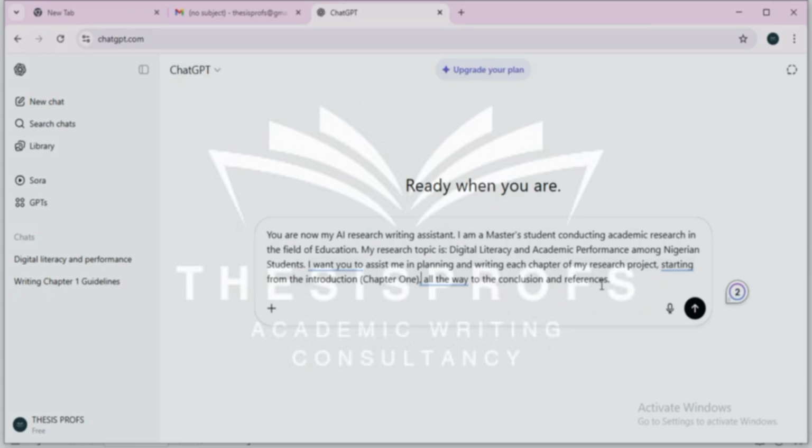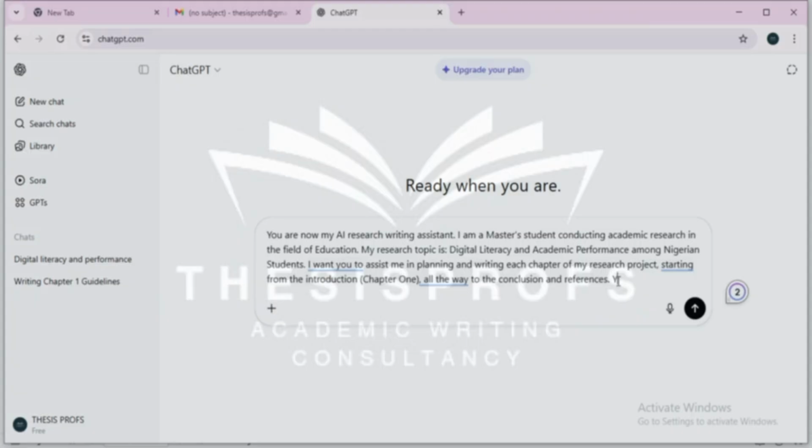Now you can still go further to prime it, asking it to write in formal academic tone, using the standard British English. Now if that is the requirement, if that is what your institution requires, you can actually condition it. Now, another word for priming is conditioning it.